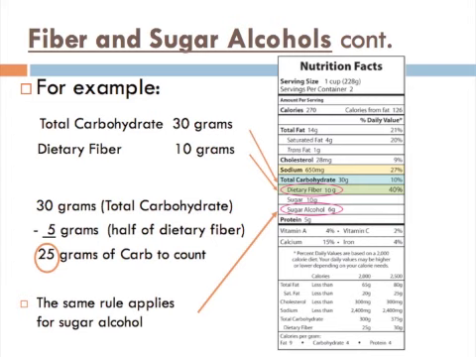So what's recommended is taking half of the dietary fiber and subtracting it from the total carb. And so the amount of carbohydrate to count would be about 25 grams. So when a person is using an insulin to carbohydrate ratio, they would base their insulin dose on eating 25 grams of carbohydrate instead of the 30 grams listed on the food label.